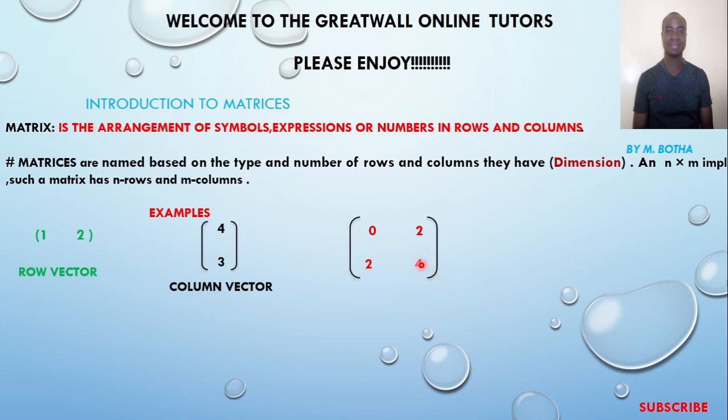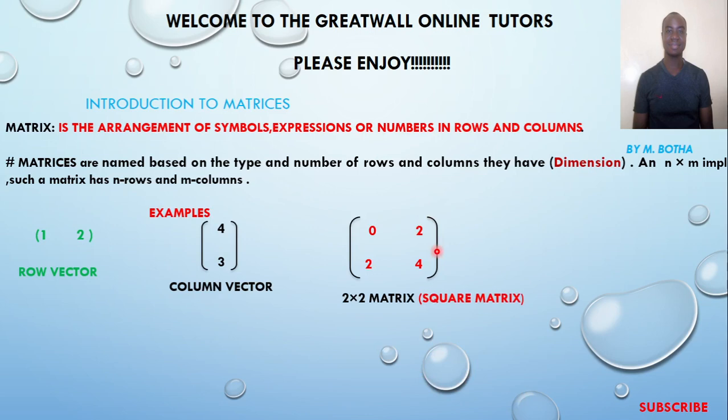Good. So we can notice that it has 2 rows. Then columns, it has 1, 2. So again, this matrix has 2 rows and 2 columns. So what will be its dimension? Well, its dimension will be a 2 by 2 matrix.